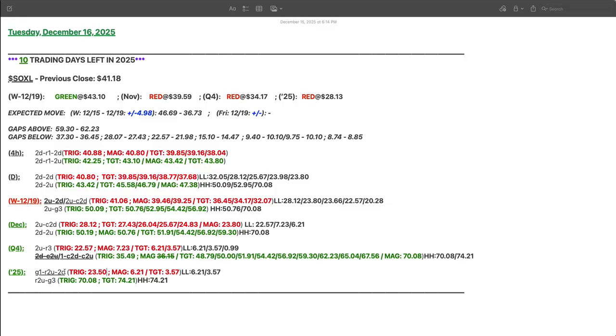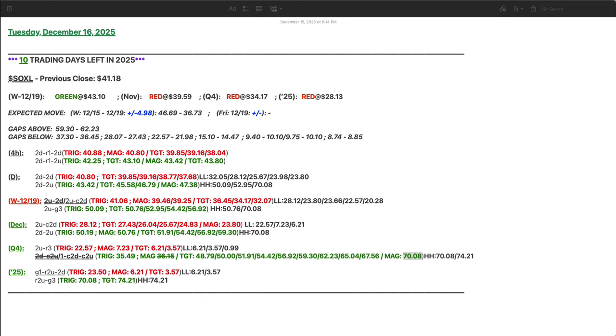And then on the year, we talked about, we triggered the 1, 2 up, 2 down, but have reversed it quite nicely, making a higher low, giving ourselves a green hammer candle situation on the year chart, and putting us in play for a good possible chance of going 2 down, 2 up in 2026, giving us that same 70.08 magnitude for that move, right?